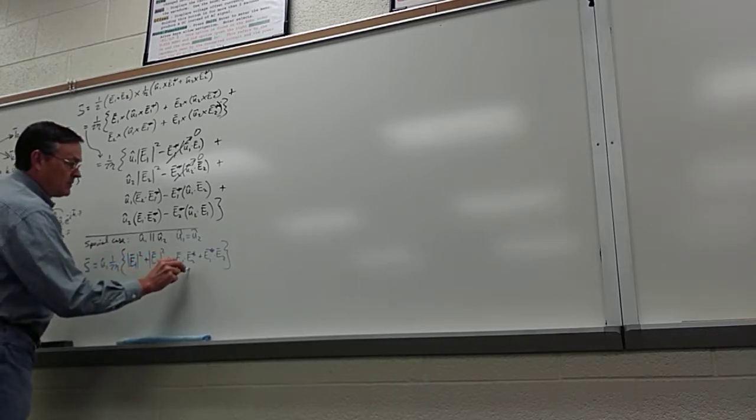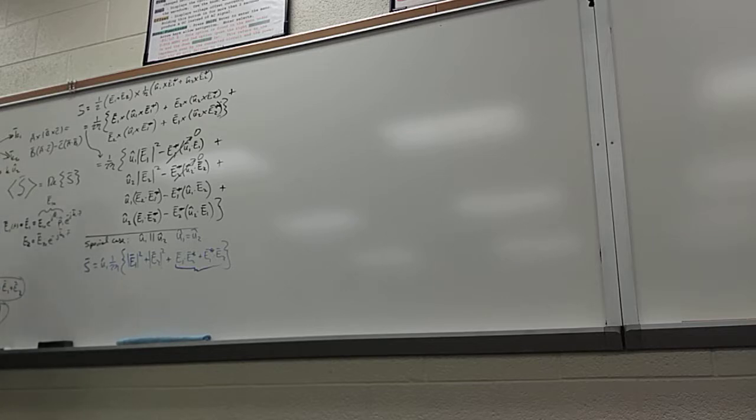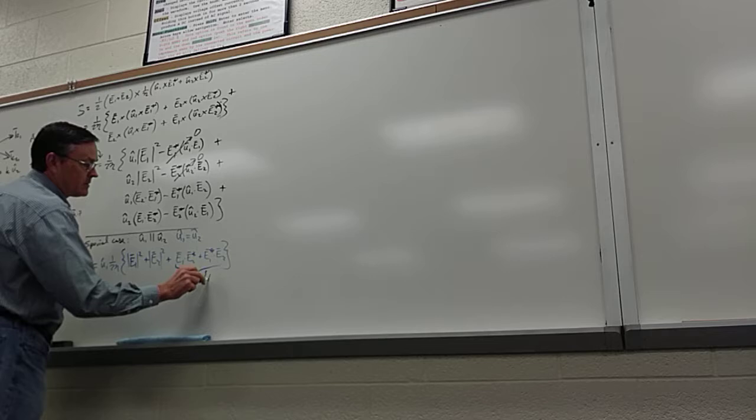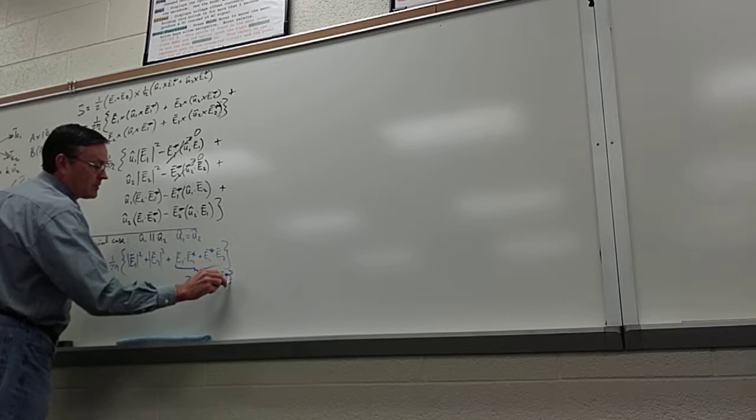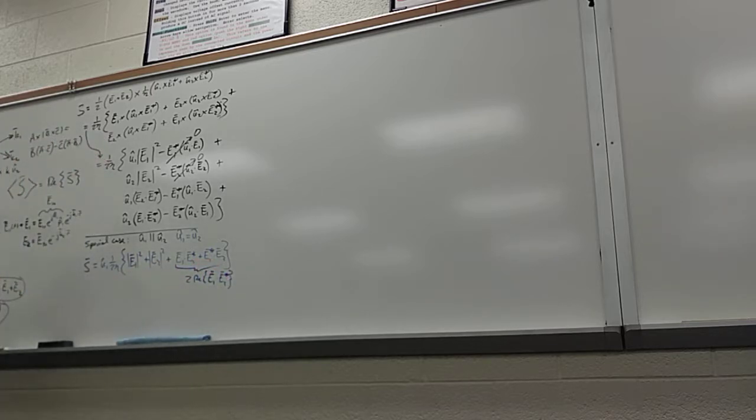Does this thing look familiar? One term is the complex conjugate of the other term. If we add something plus its complex conjugate together, what's real? We get the real part. So this is just 2 times the real part of E1 dotted into E2 complex conjugate. So interestingly, our complex Poynting vector, every term is now real. Okay, we're not going to worry too much about that.